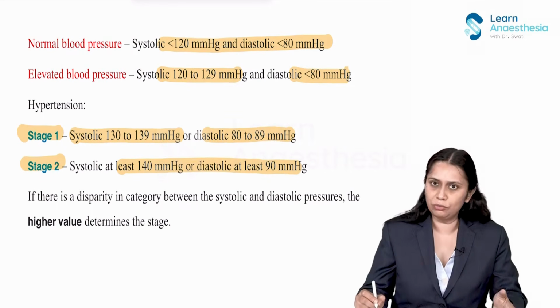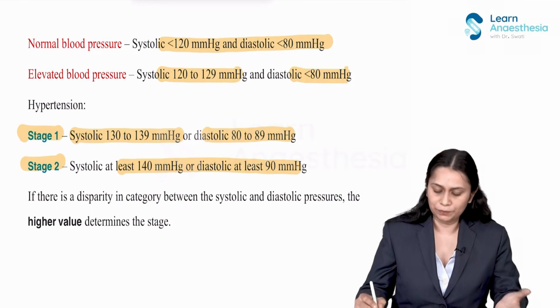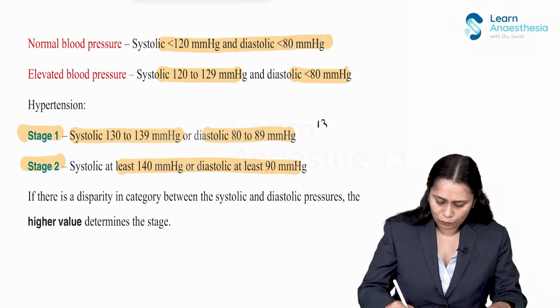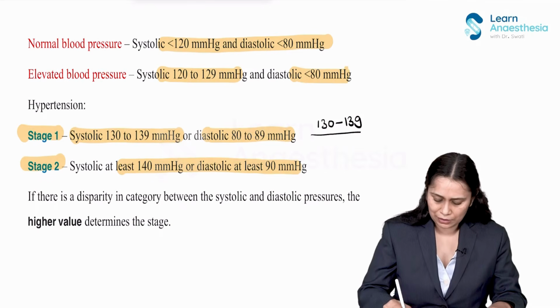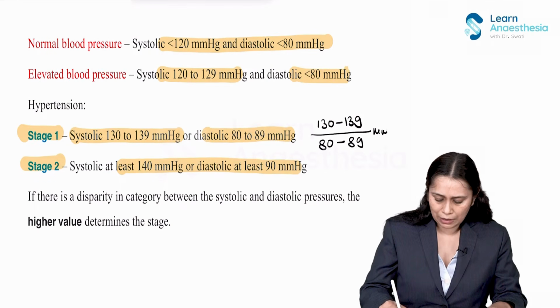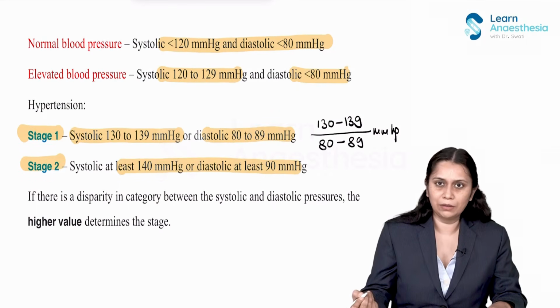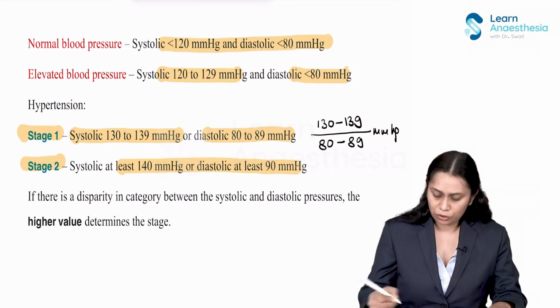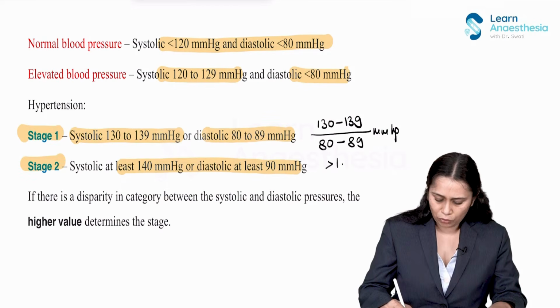That is stage 2 hypertension. So stage 1, as I said, is between 130 to 139 mm of Hg systolic and diastolic between 80 to 89 mm of Hg, right? And stage 2, systolic more than or equal to 140 and diastolic more than or equal to 90 mm of Hg.